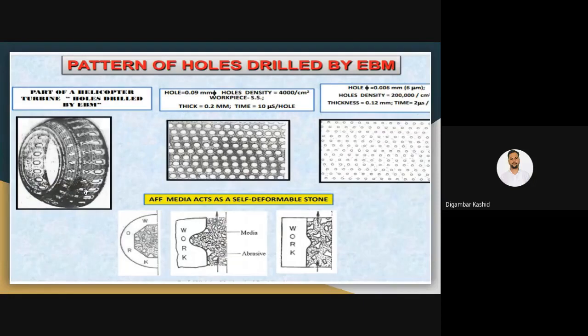Then here also we have some parts, patterns where holes are drilled by electron beam machining. These are the outcomes of EBM which we got from different research papers, and these are all mentioned in the book Advanced Machining Processes by VKG, where you will get the references from the research papers they have taken them from.